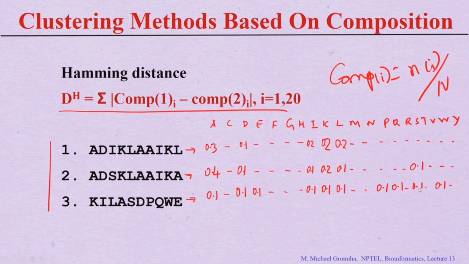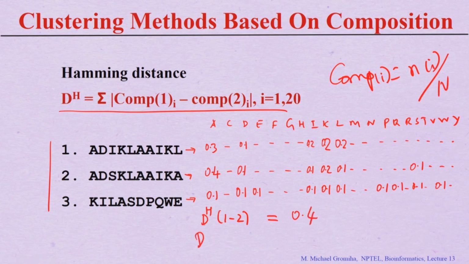So, now we calculate the Hamming distance between 1 and 2. What is the value of the Hamming distance between 1 and 2? 0.3. This is 0.1, 0, 0.2, 0.3, 0.4.